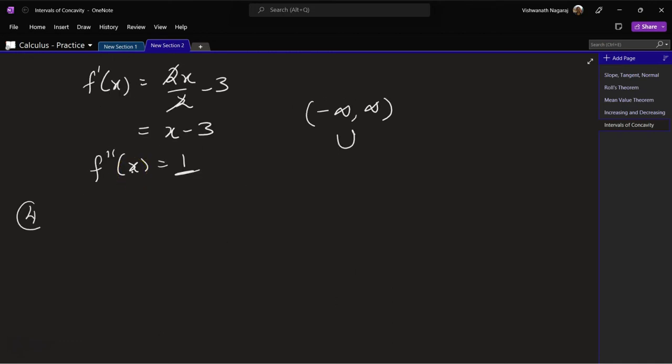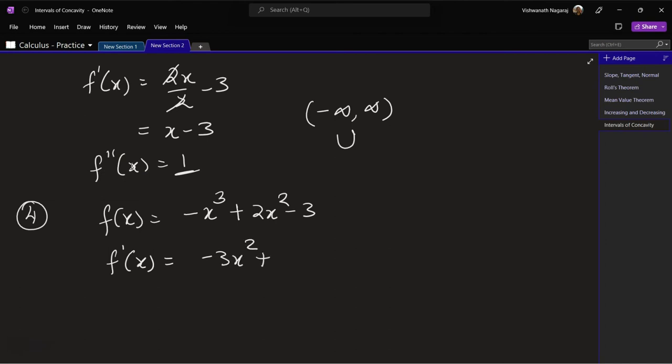Okay, fourth one, f of x is equal to minus x cube plus 2x square minus 3. Okay, f prime of x is equal to minus 3x square plus 4x. F double prime of x is equal to minus 6x plus 4.